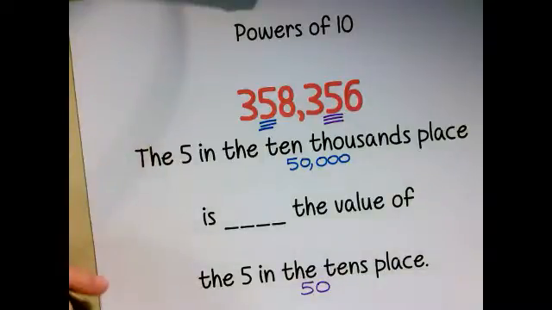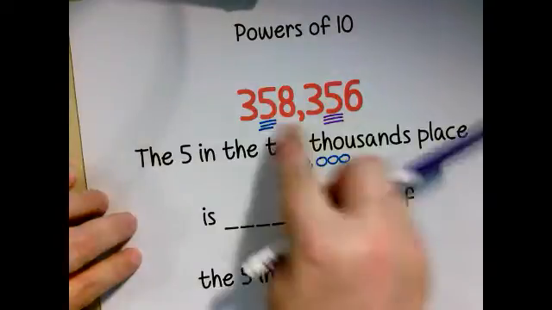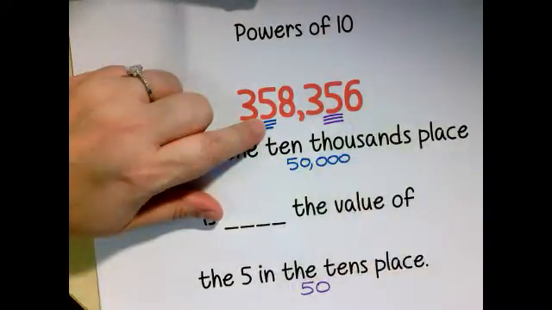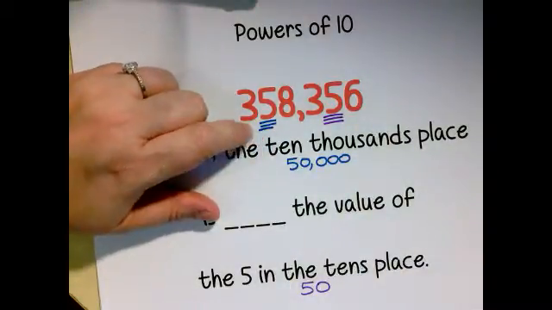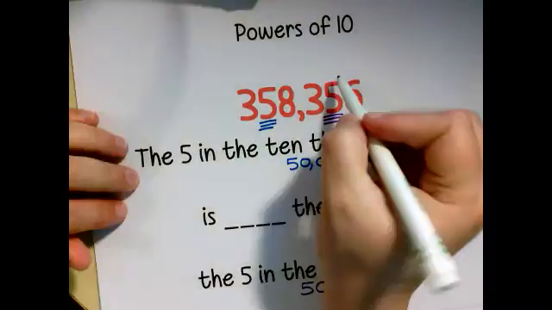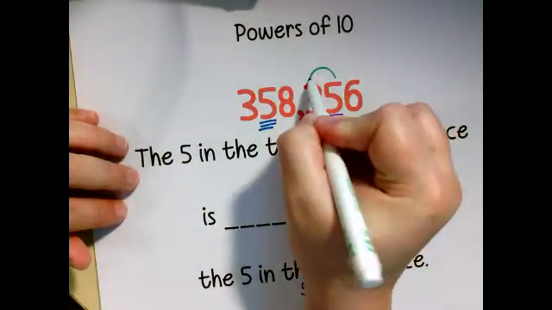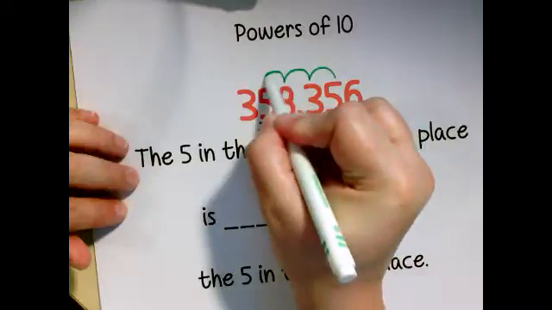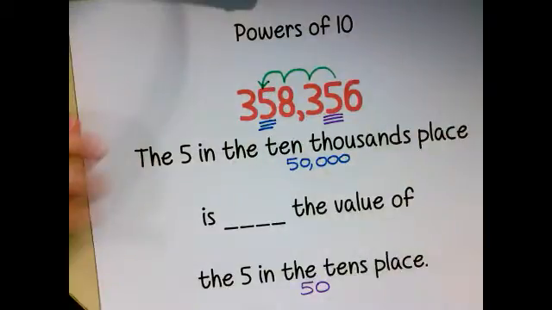So I'm comparing 50,000 with 50. So when I look at this, I see that I've got to take 1, 2, 3 hops to get from one to the other.